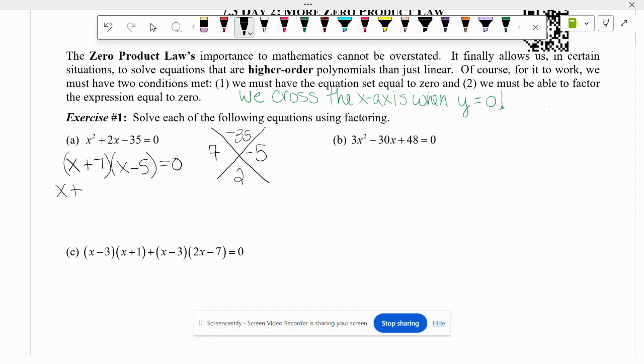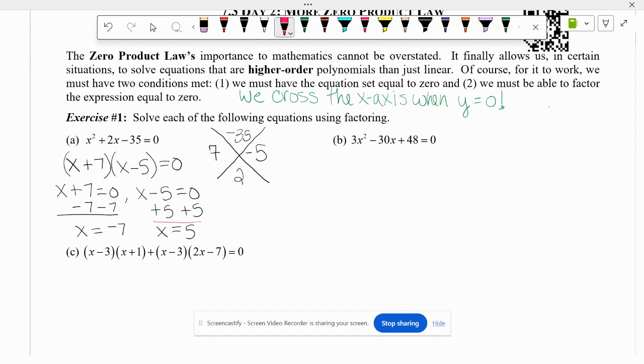That means that x plus 7 equals 0, or x minus 5 equals 0. Subtract 7 from the first equation. That means x equals negative 7. Add 5 to solve for x in the second equation. That means x also equals 5.